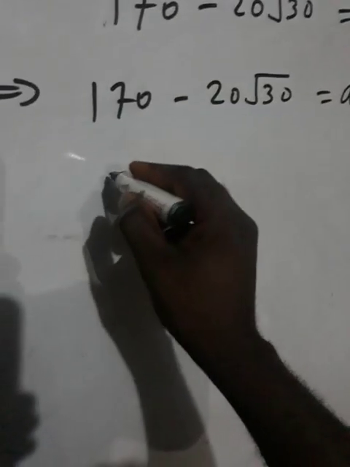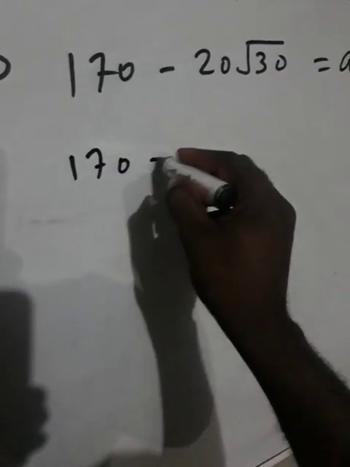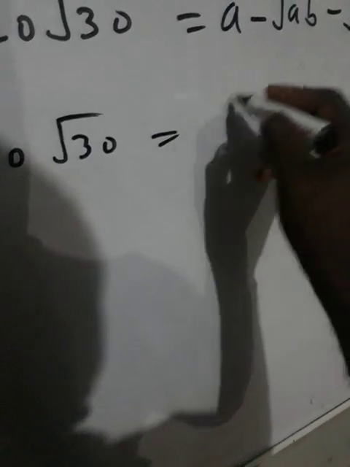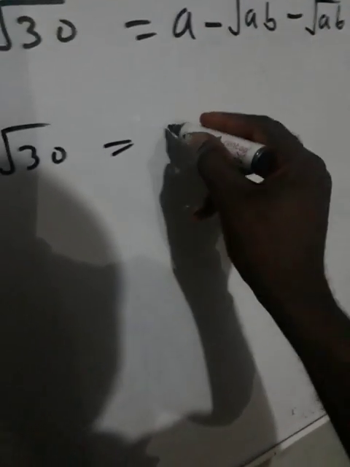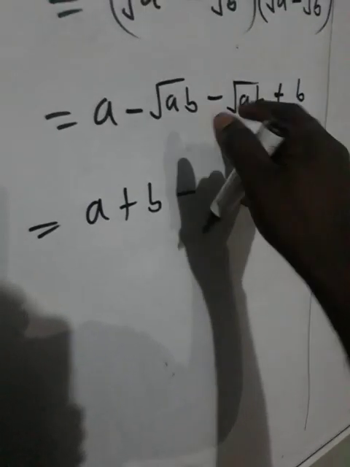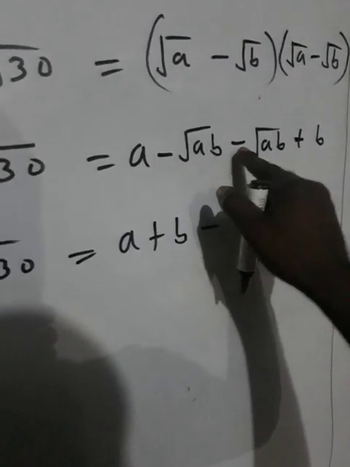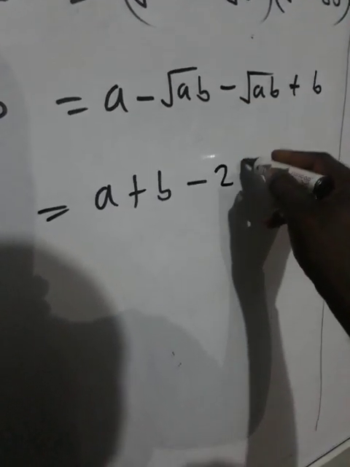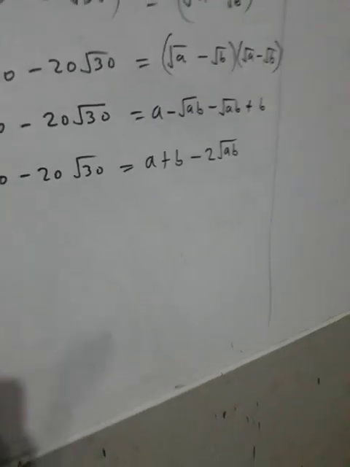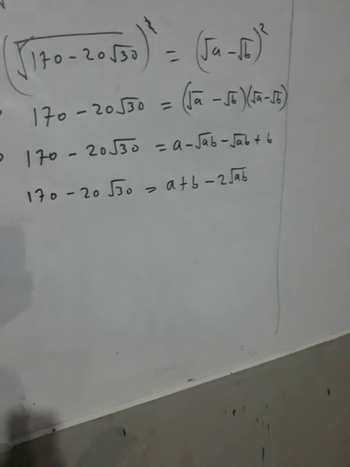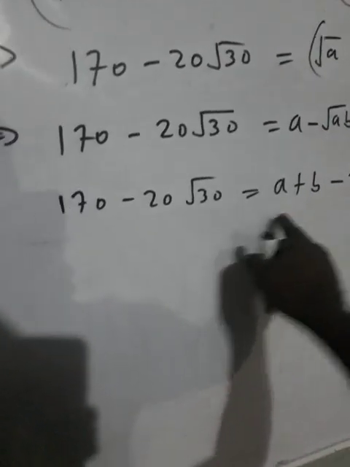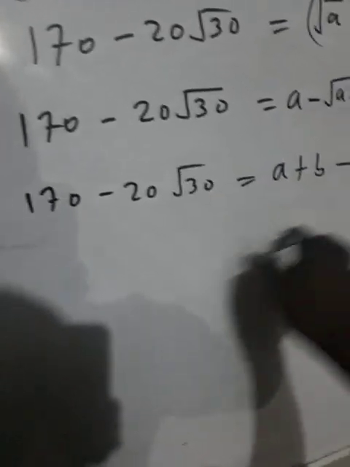So here I'll have 170 minus 20 root 30 is equal to a plus b minus 2 root ab. We compare the two equations. We equate 170 and a plus b because they are rational, and we equate the irrational parts together.